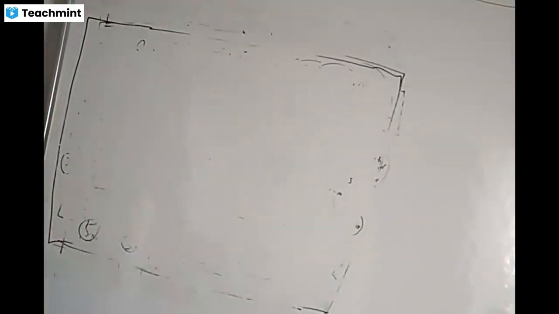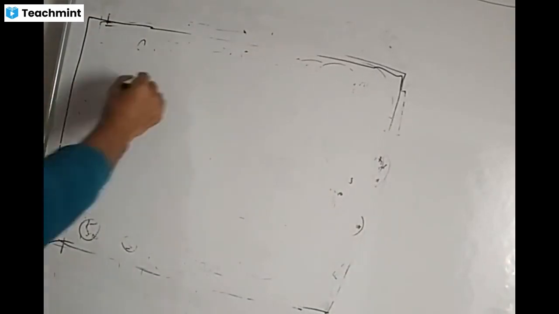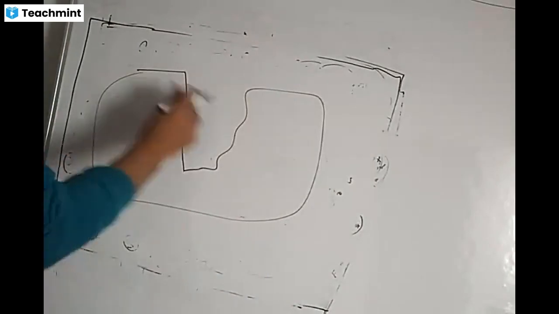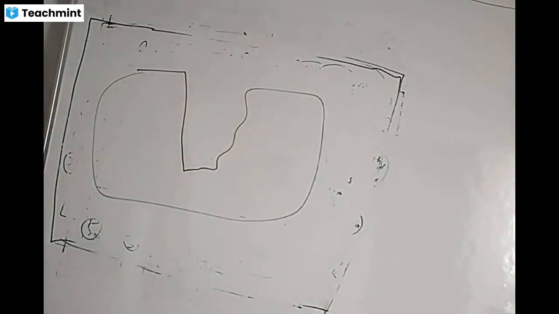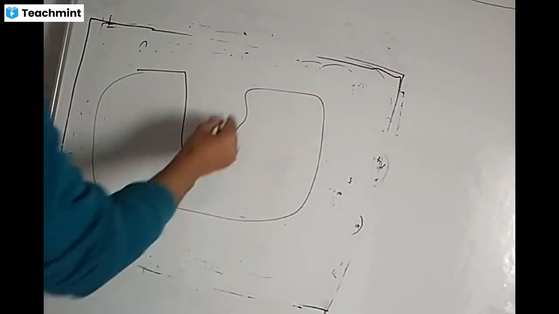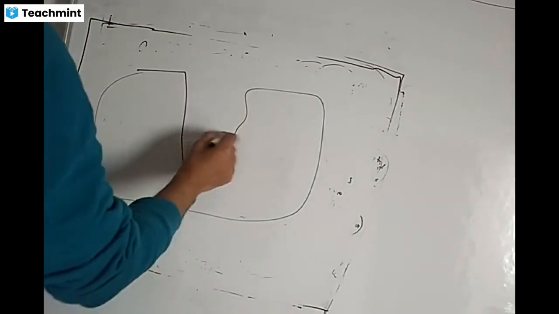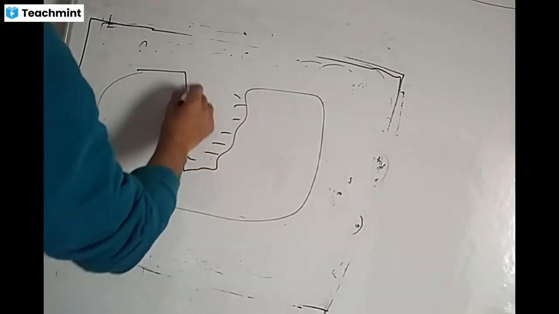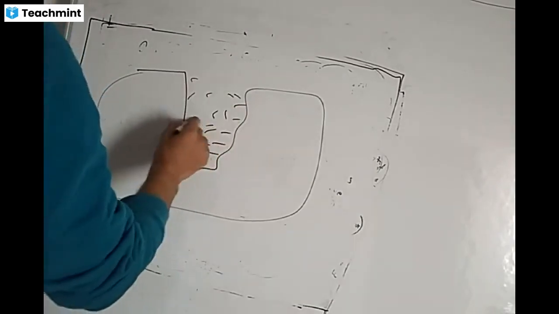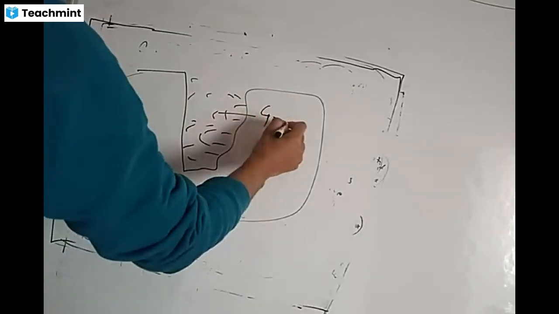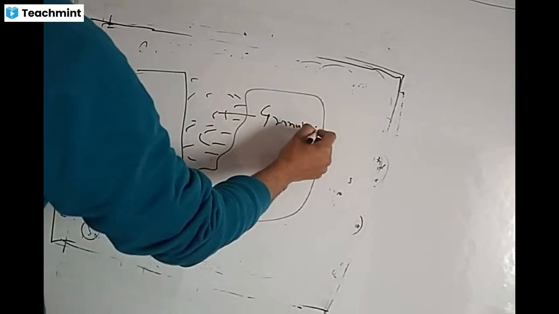The meaning of secondary intention healing is that these edges are far from each other. To bring these edges close to each other, we will wait for a time period, for the filling of this defect with granulation tissue.